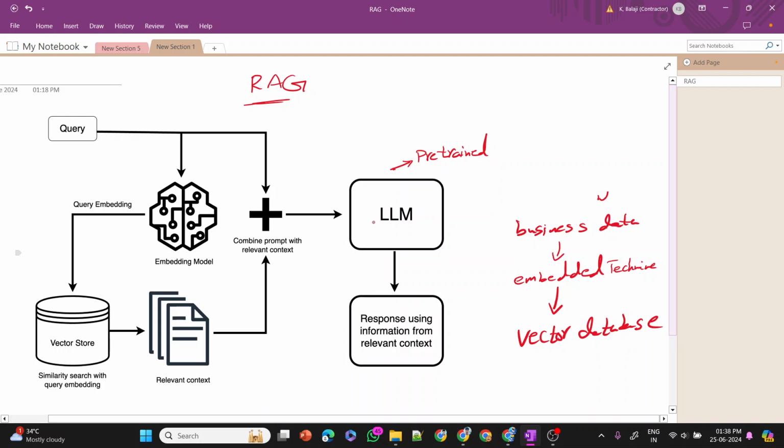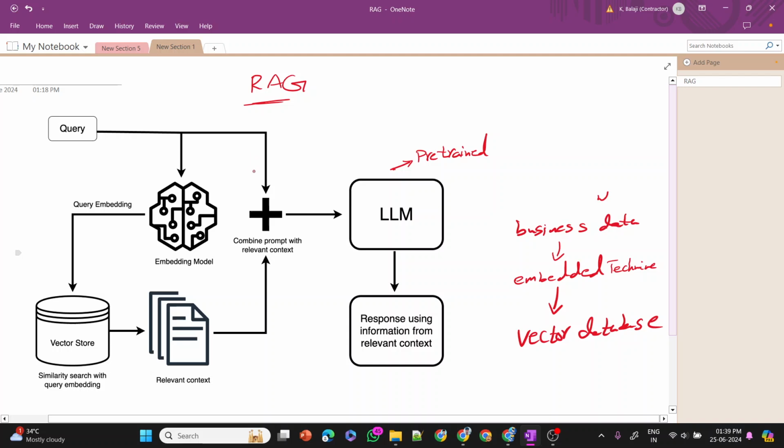The LLM model analyzes and understands the embedded vector, the relevant content, and it will understand the query that was asked by the user.